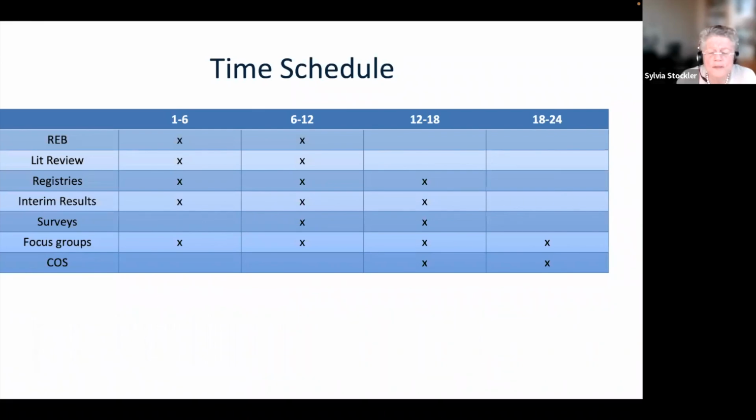And of course, this is a very ambitious time schedule, but I think that in 2 years' time, we should be able to have the project completed. And as you see, within year one, from 6 to 12 months, most of the activities will have been started.